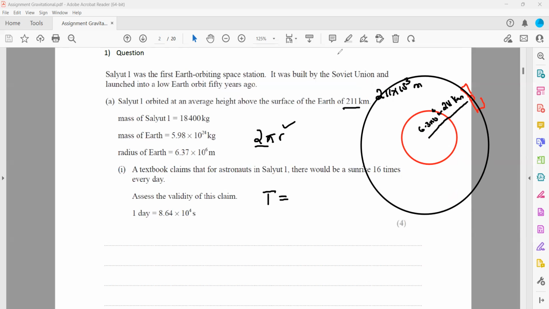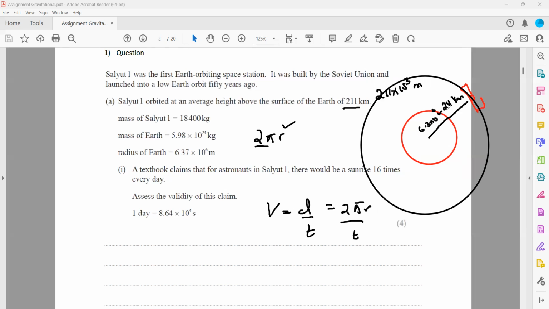We have the formula, speed is equal to distance over time. As the speed is not given, after knowing the circumference, we can also work out its speed. Distance will be equal to 2 pi r and time is T.